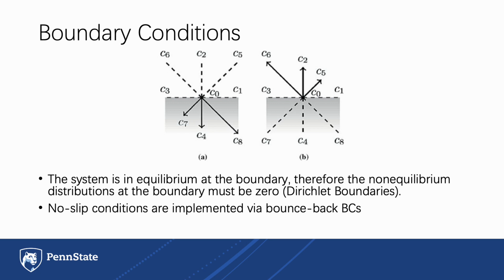What this means is that if we have the value of the property we are trying to find with the lattice Boltzmann method, the sum of the non-equilibrium part with the equilibrium part of the system at the boundary, which has this value included, must be zero. This is the way of expressing the boundary conditions. Also, the no-slip conditions can be implemented this way, and the name of this is the bounce-back boundary condition.